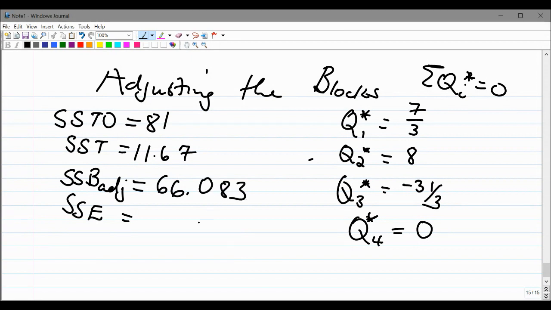And the error? The error is what, leaders? 3.25. It's the same value as the one that we calculated before. Yes, thank you. So now we can construct the ANOVA table.